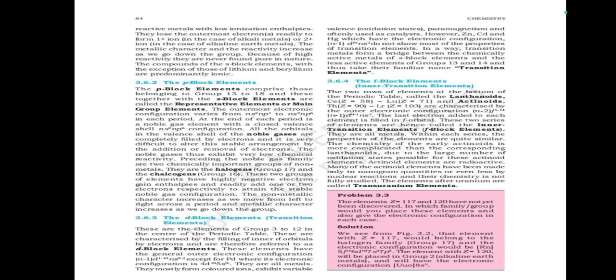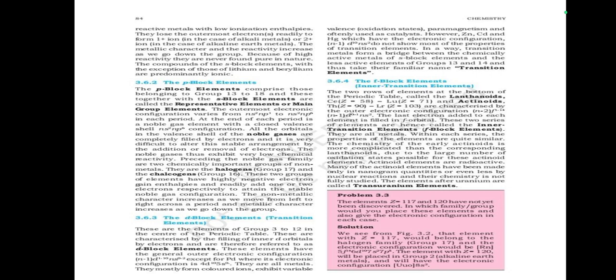At the end of each period, there is a noble gas element with a closed valence shell ns2np6 configuration. All the orbitals in the valence shell of the noble gases are completely filled by electrons, and it is very difficult to alter this stable arrangement by the addition or removal of electrons. The noble gases thus exhibit very low chemical reactivity.